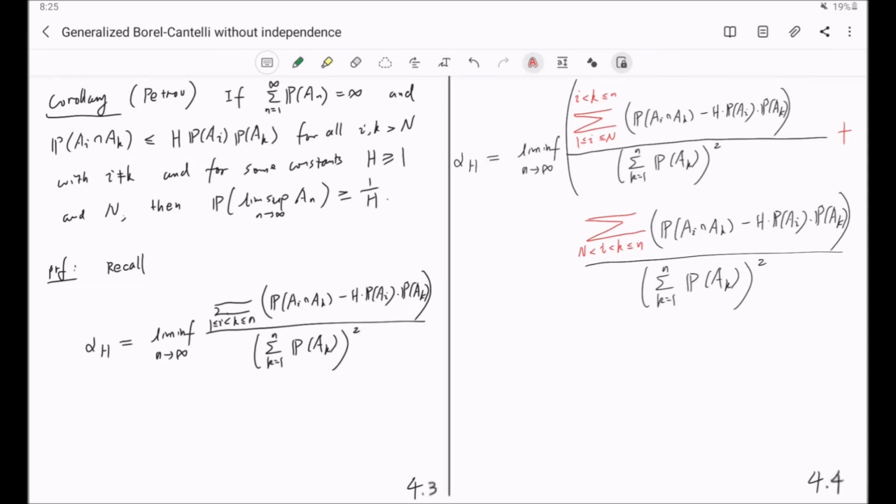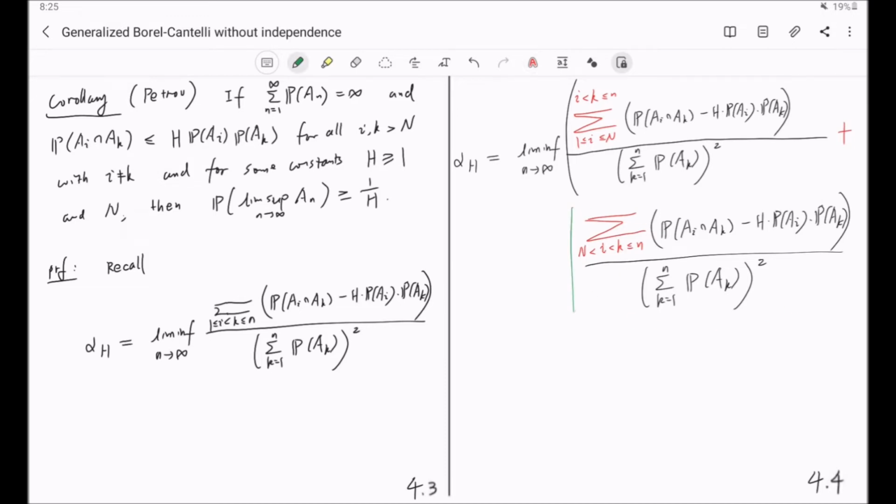As you can see, the second part is negative by our hypothesis. Because by our hypothesis, P of A_i intersection A_k is bounded above by h times this product for all i, k greater than N with i not equal to k.